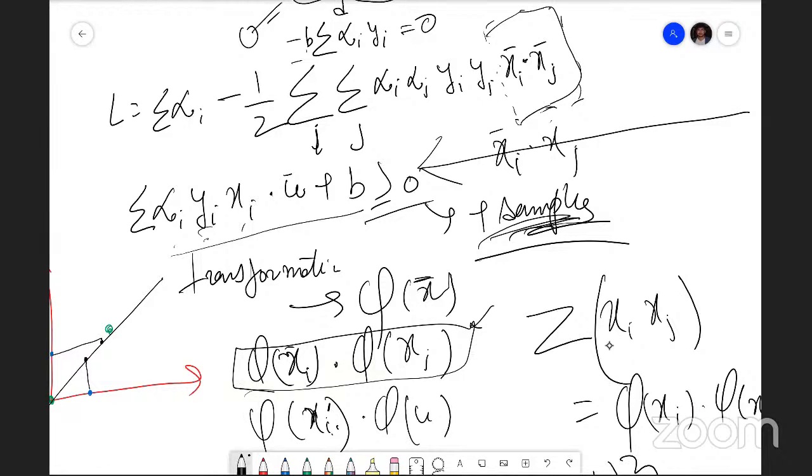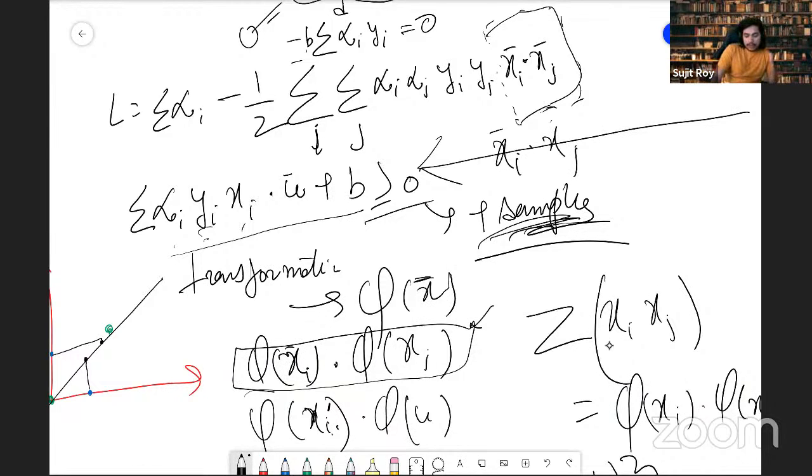Assuming that it's a minima, it could be a maxima, but we are saying that it's a minima. We know that. But then why are we suddenly talking about positive samples? It goes both ways, right? It can be plus 1 and minus 1.